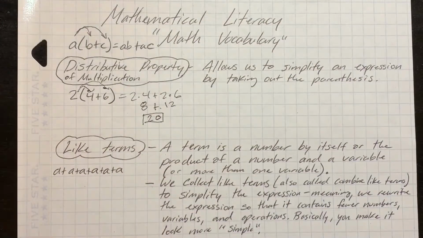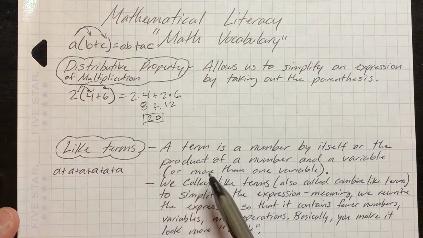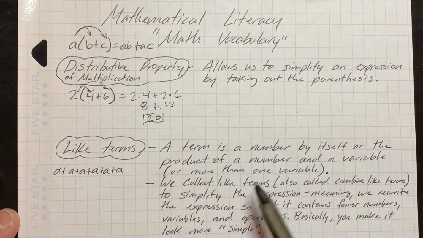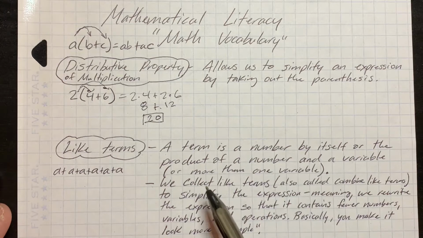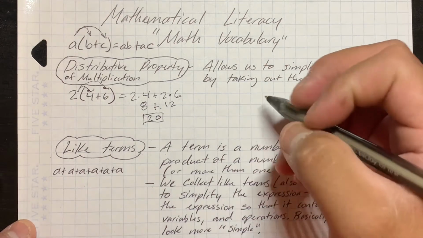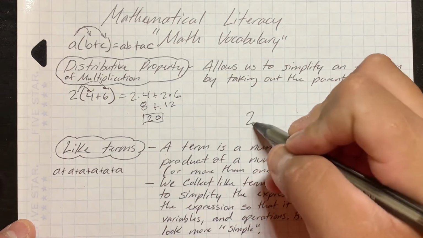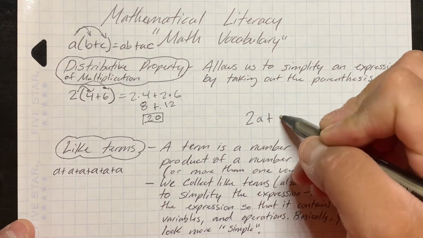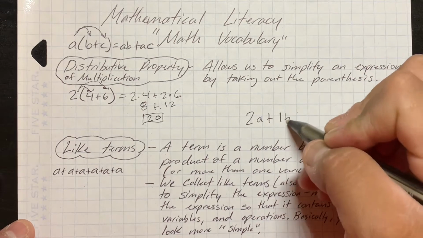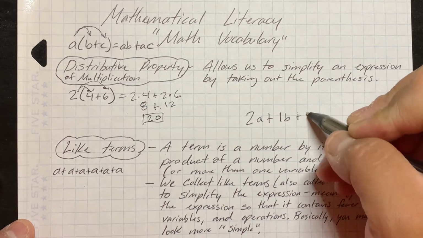All right, next we're going to combine like terms, or let's talk about what terms are first. Now a term is a number by itself, or the product of a number and a variable, or more than one variable. So a term would be like 2a plus 1b plus 7.